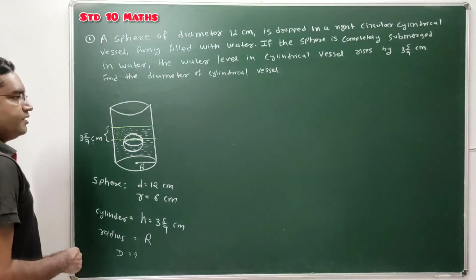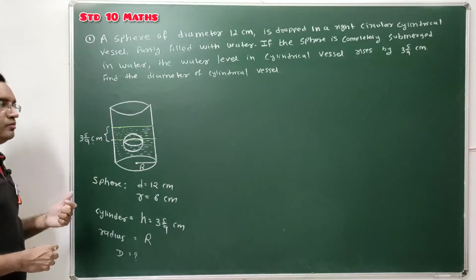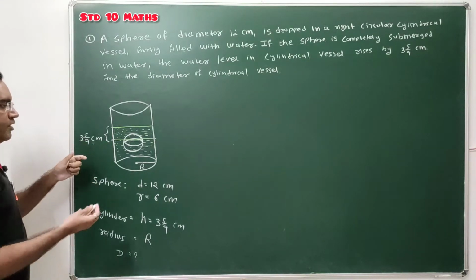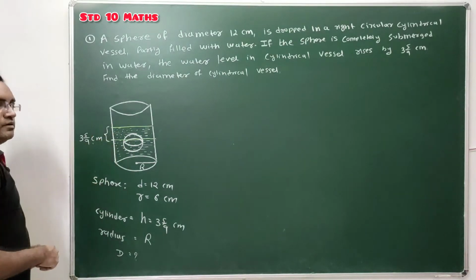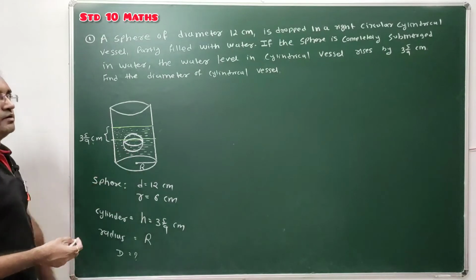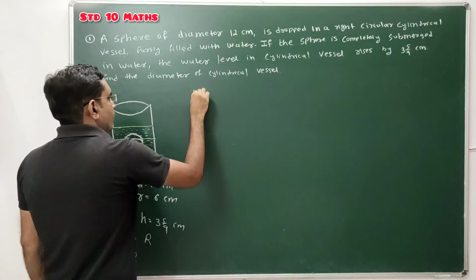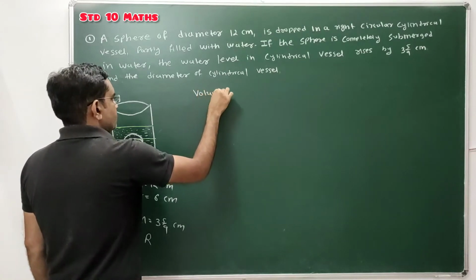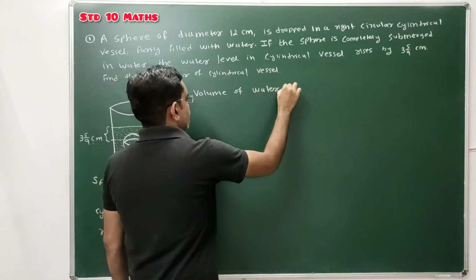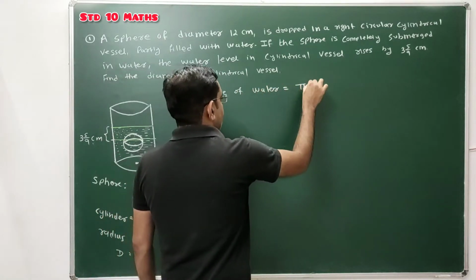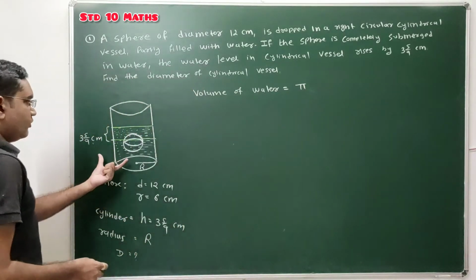So this is basically a problem of comparing volume. How can we compare the volume? The volume of water that is increased from the initial level to the final level is equal to the volume of the sphere. First you have to find the volume of water, that is pi r square h, since the water is in the shape of a cylindrical vessel.